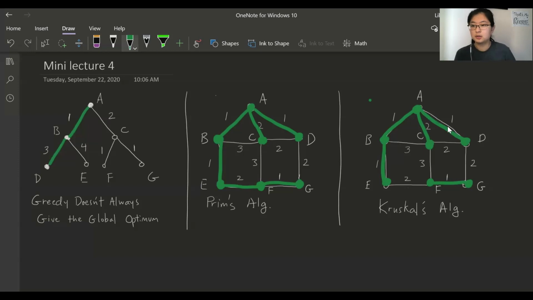And now, notice that we cannot put in CD because it would make a cycle, and that's not allowed in a tree. So CD is thrown out. What's the next shortest one? Well, EF or DG. It doesn't really matter which one we take. For the sake of being different, let's take DG.